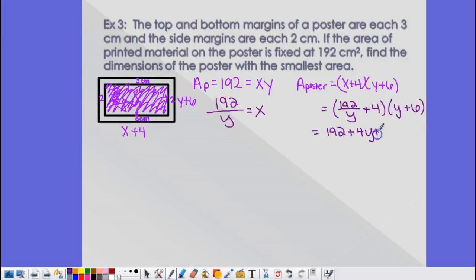Because yeah, it's 6 times 192 now instead of 4. 1,152.